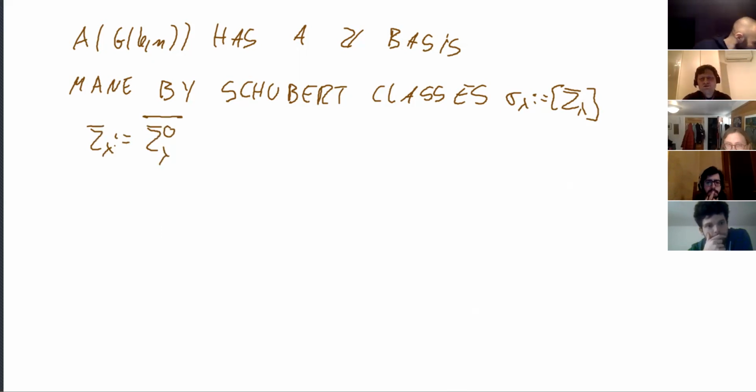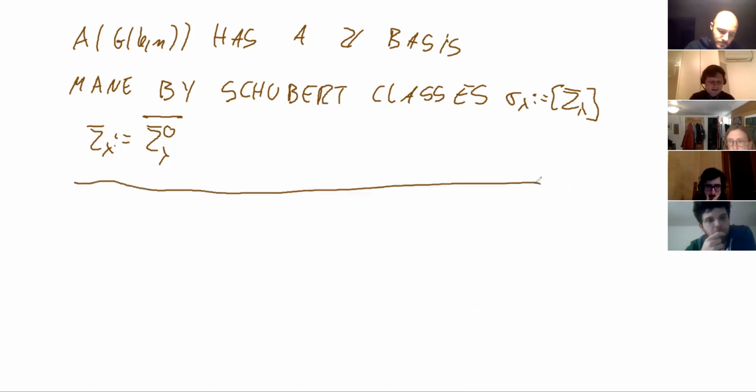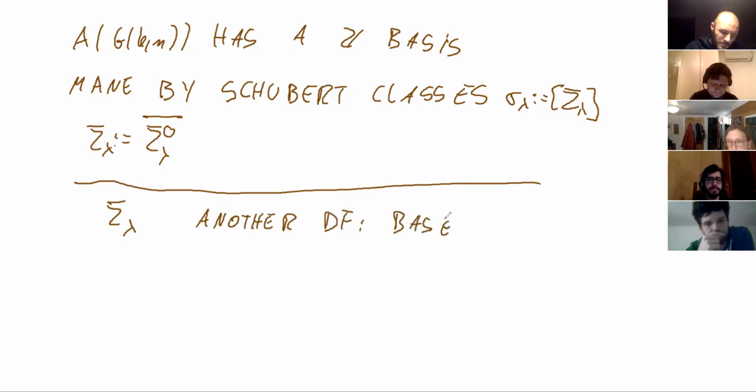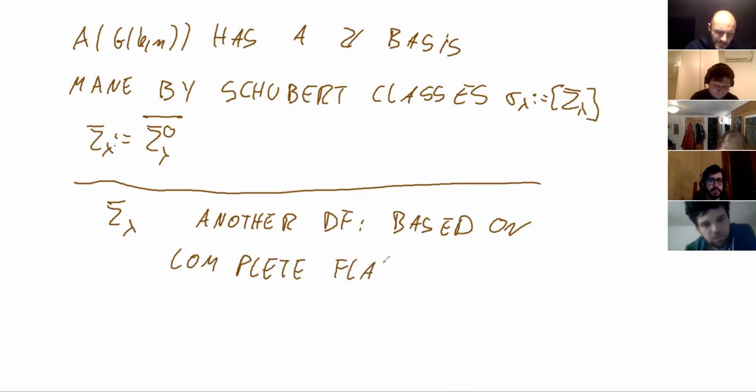Now in the notes you can find one more definition of sigma lambda, another definition based on complete flags.